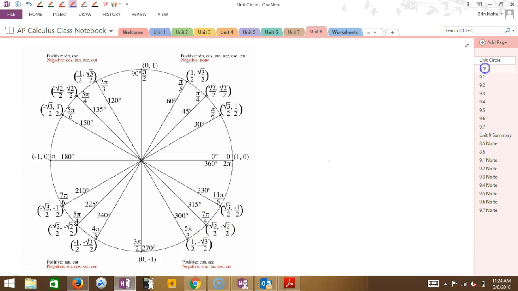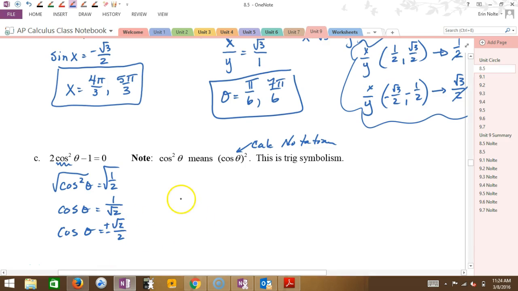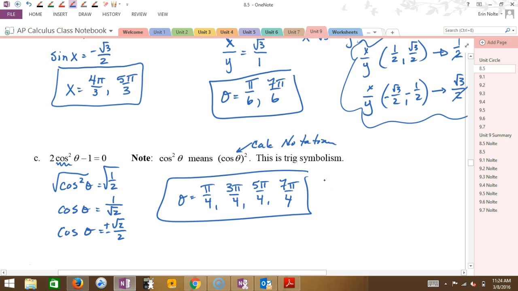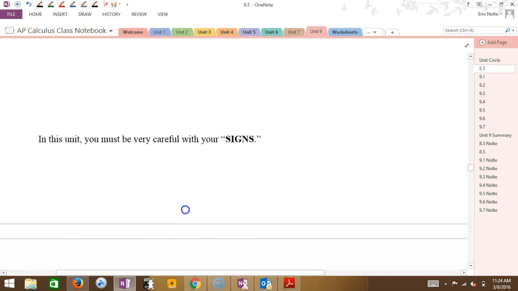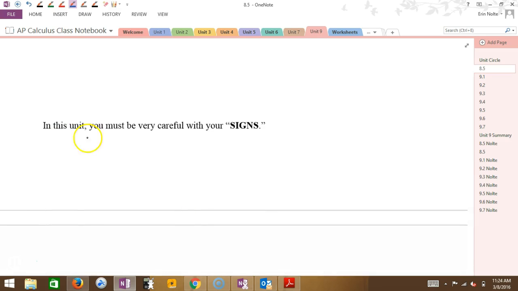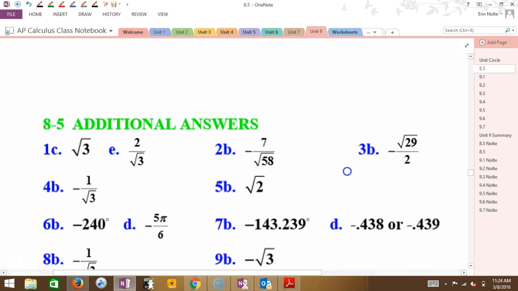So 4 answers to this. So my angles are pi over 4, 3 pi over 4, 5 pi over 4, and 7 pi over 4. Oh look, plus or minus. We noticed it. All right.